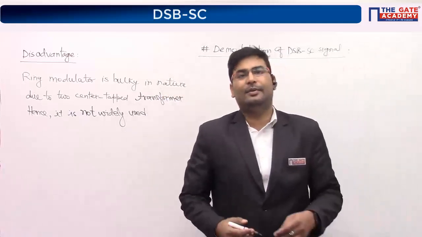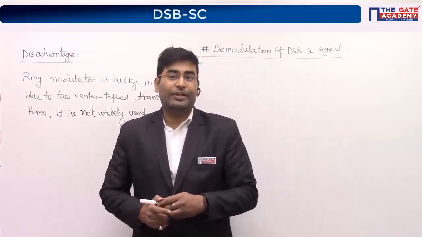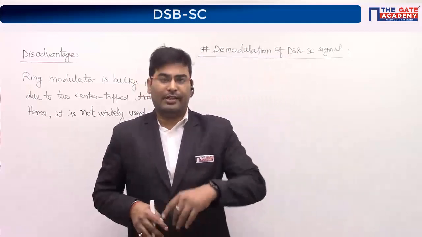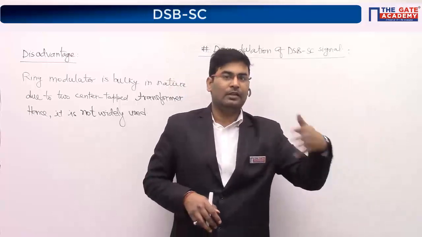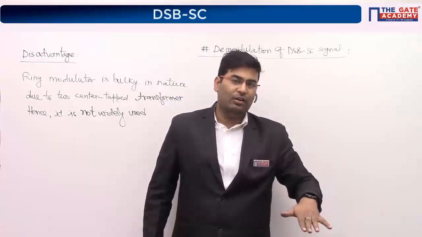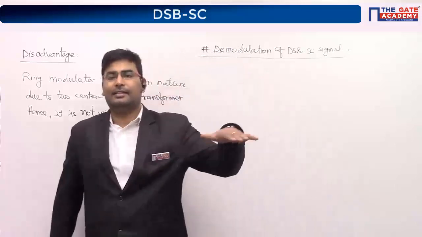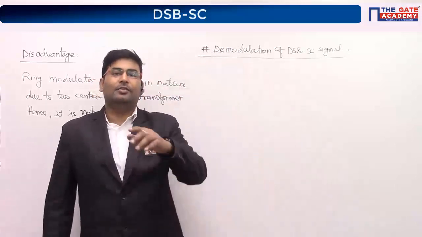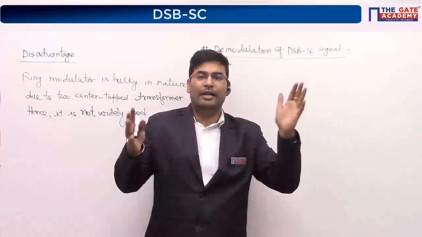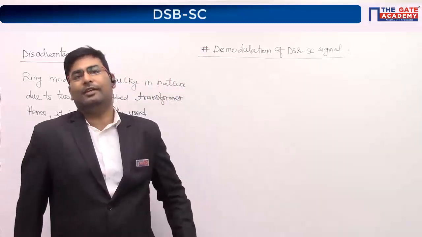So guys, in DSB suppressed carrier signal, we cannot use an envelope detector. You know why? Because the moment you use an envelope detector, you will get mod of mt. Because did you see, right? The signal is going well below the t axis. It is going in the negative. So if you put an envelope detector, it will just detect this part, which is mod of mt.